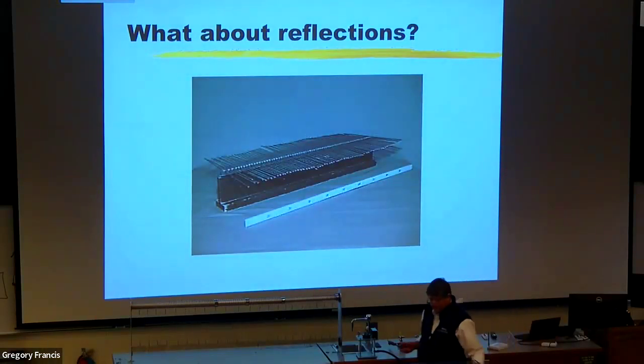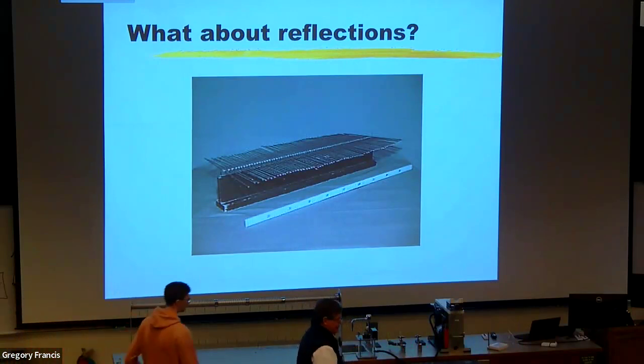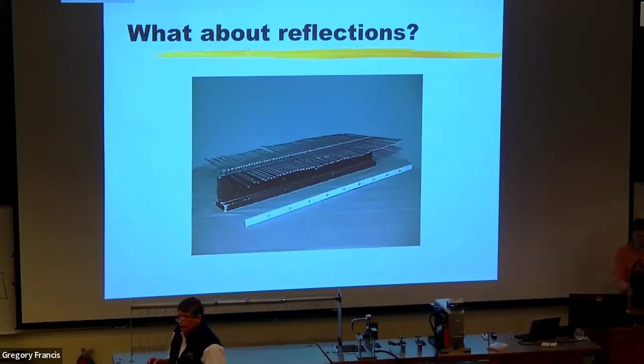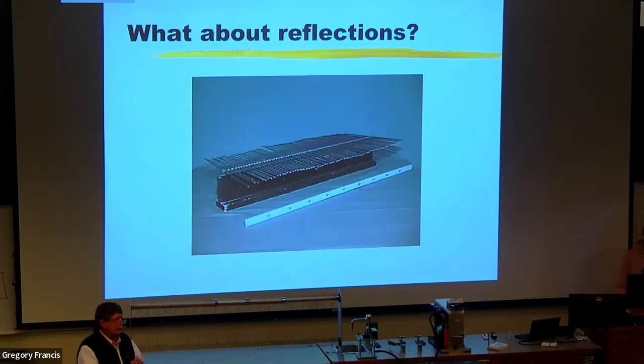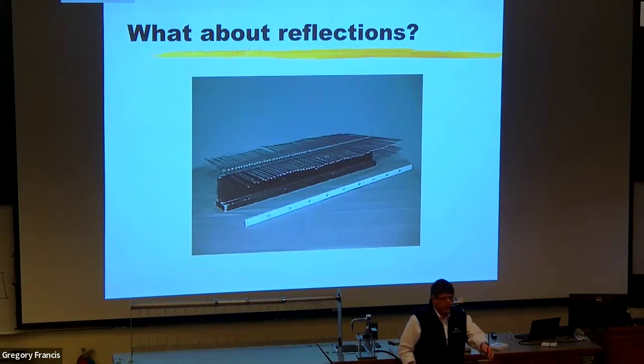What about reflections? Watch what happens when this pulse reaches the end. It bounces back. Now, in the tutorial this week, you're going to explore what happens when it hits that boundary. And it depends on whether the boundary is free, like this one, or whether it is fixed.